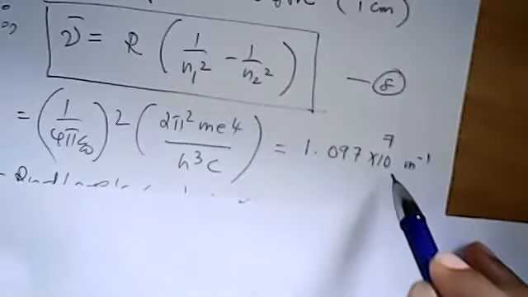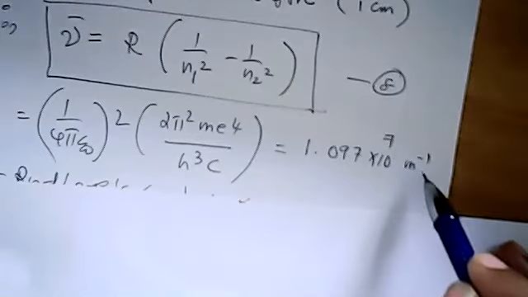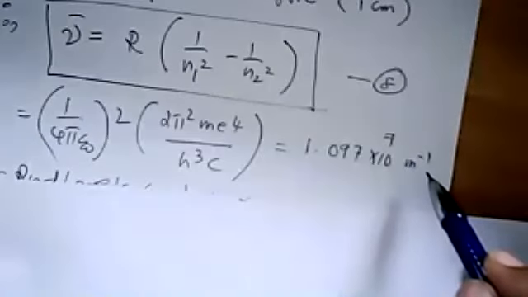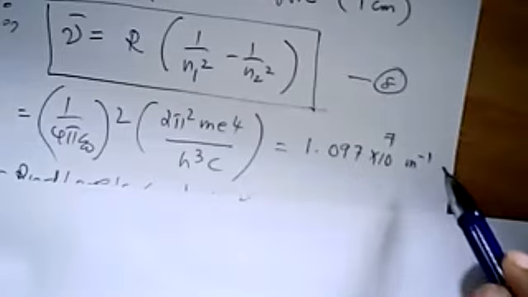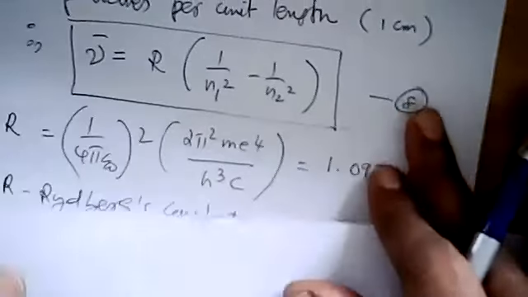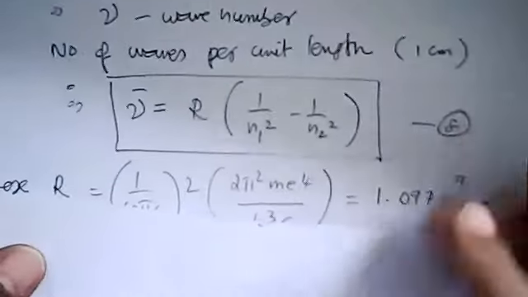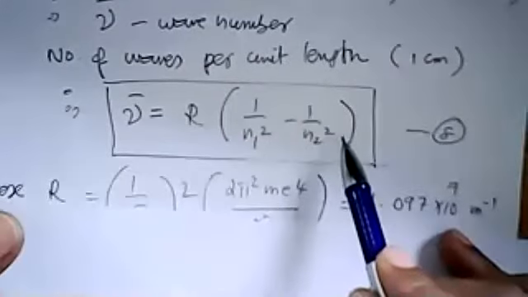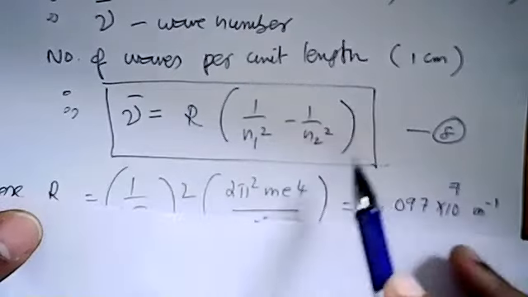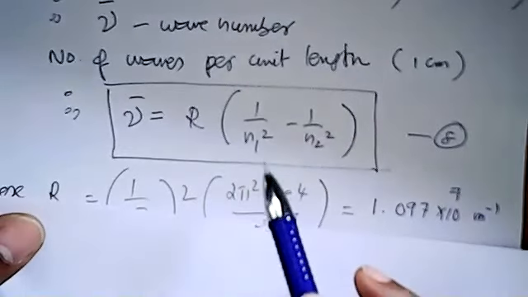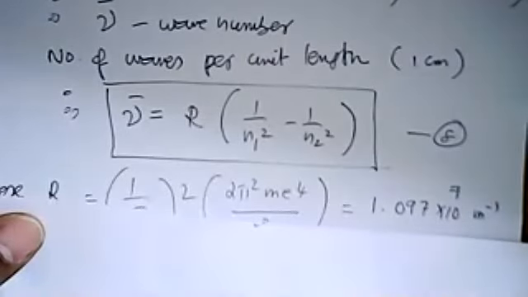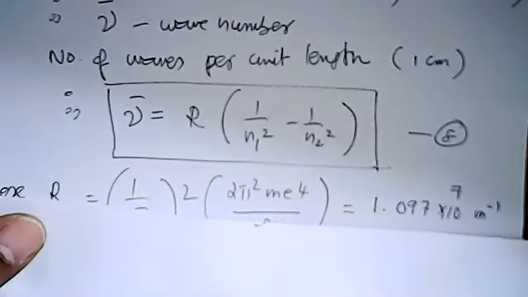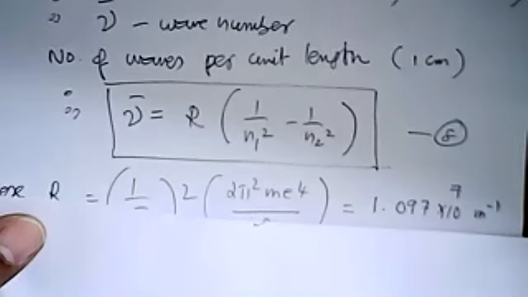That is known as Rydberg's constant. So I think the idea is clear: nu bar equals R into 1 by n1 square minus 1 by n2 square. This is a very important expression. Using it, Bohr explained the hydrogen spectra almost satisfactorily. Is the idea clear? Any doubts?